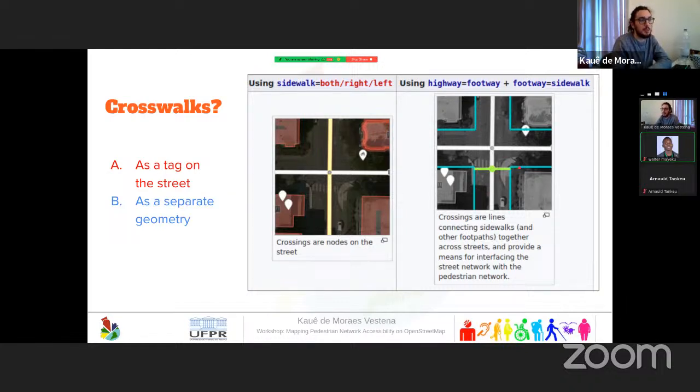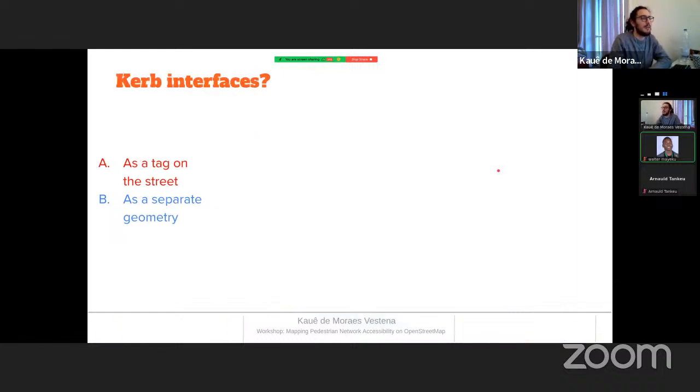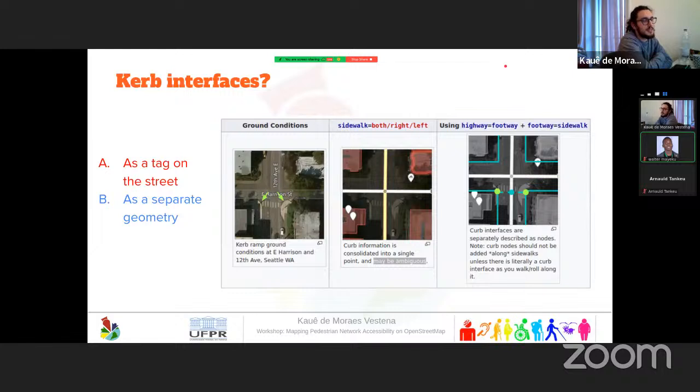So it's a line that represents the crossing and carries the features of that crossing. And for access points it's the same. The access point is somewhere that you can have a ramp or not have a ramp. In the end, it's where you can go from the street to the sidewalk.